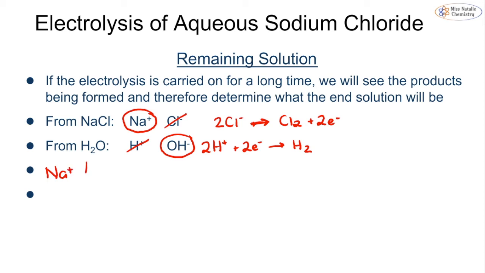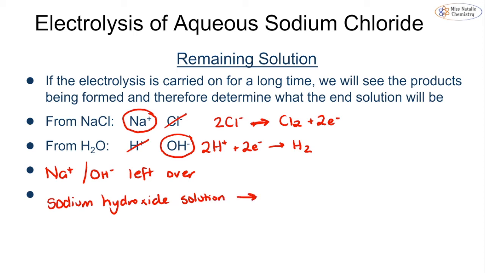So our sodium and our hydroxide ions are left over, and that then therefore means they are going to essentially form a solution, and it means that we form sodium hydroxide solution.